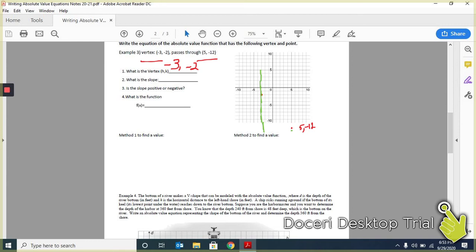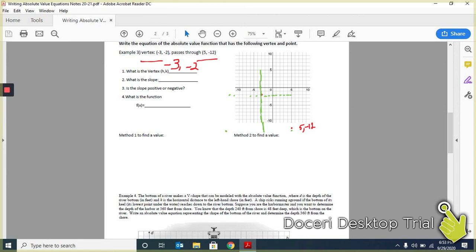So what happens is, if I know that this is 1, 2, 3, 4, 5, 6, 7, 8 units that way, then on this side I should have one that is 1, 2, 3, 4, 5, 6, 7, 8 units, and it's going to be somewhere down here.